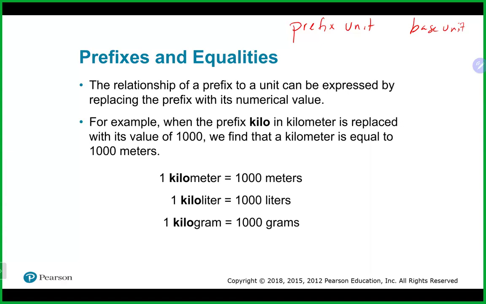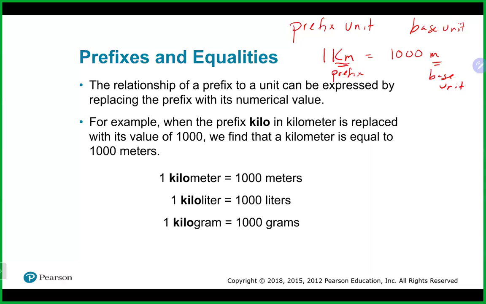So for example, we look down there, we've got 1 kilometer is 1,000 meters, right? This is the prefix unit. This is the base unit. And the base unit in both of them is meters, right? The one on the left is a version of meters, and the one on the right is just meters.